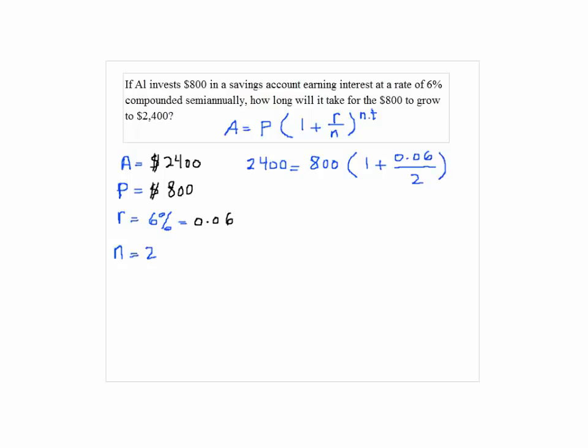And then here we have 2 times the time, which is the one that we don't know, so we call this T. Okay, we just have to solve for T here.